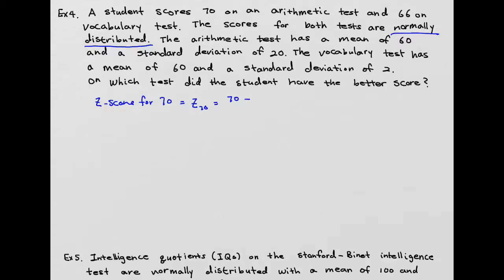Arithmetic is 60, so you're going to subtract 60 and divide by the standard deviation 20. This gives you 10 divided by 20, which is 0.5. And then the z-score for 66.